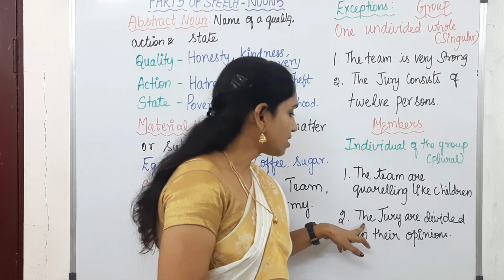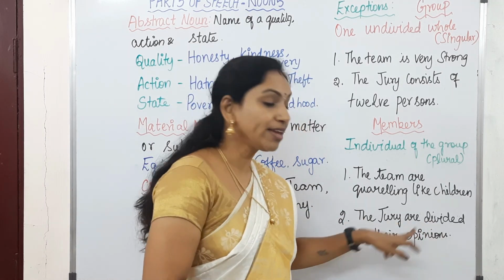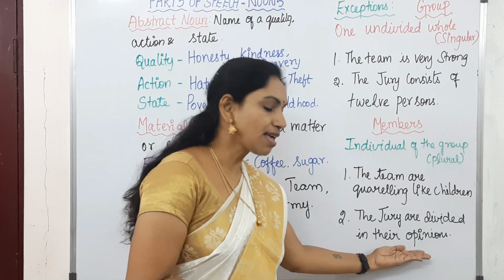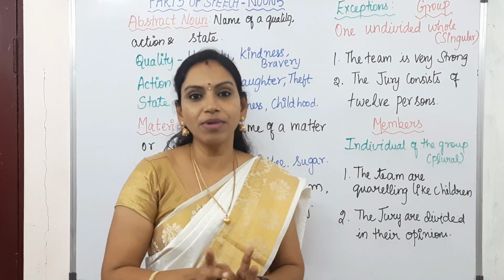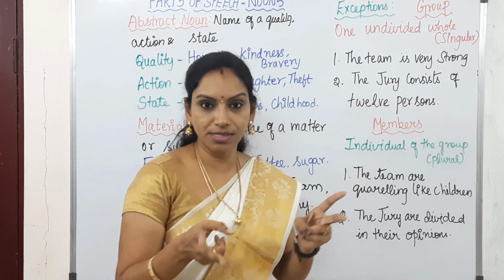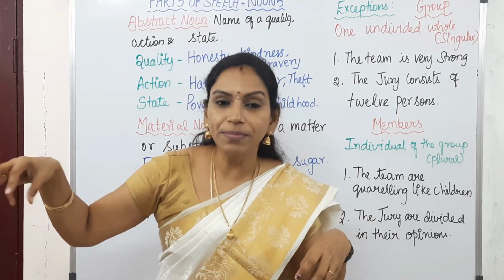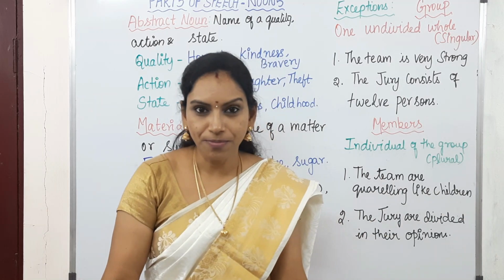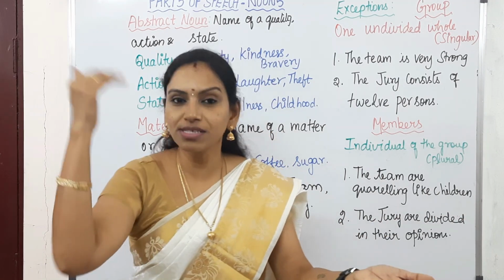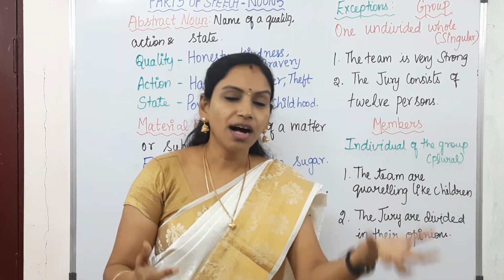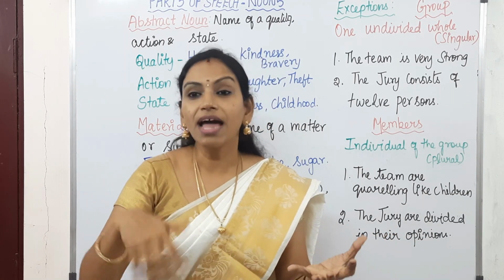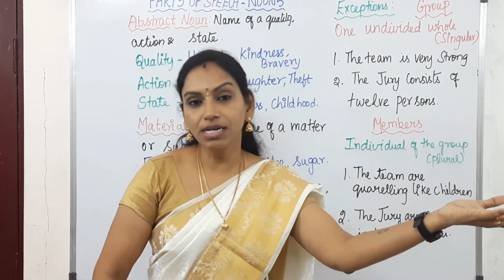Yes. Next, the jury are divided in their opinions. See this example. A jury has 12 members. Each of them has a different opinion. One of them says, for the Miss India contest, she has to come first, and another says the second girl has to come first.